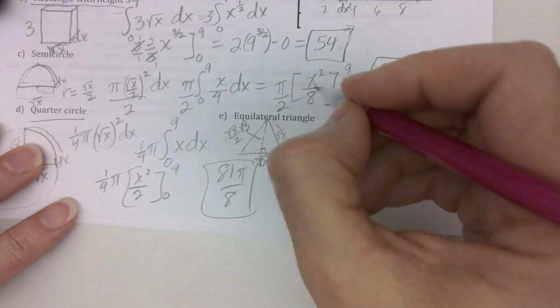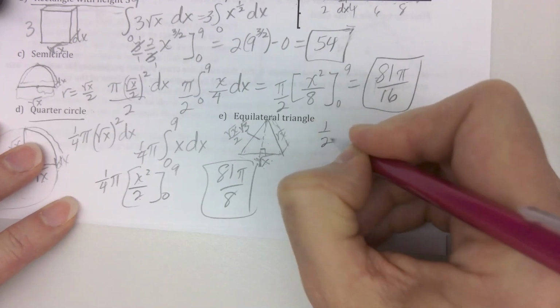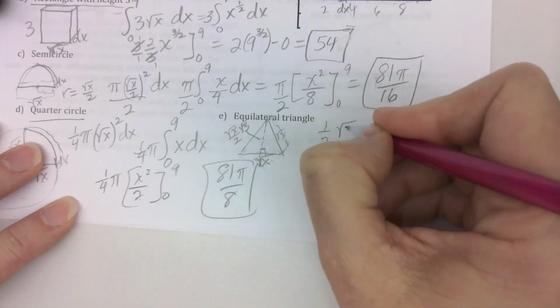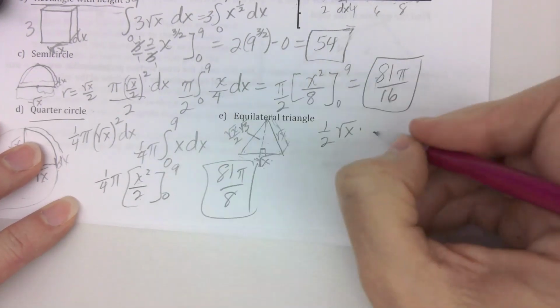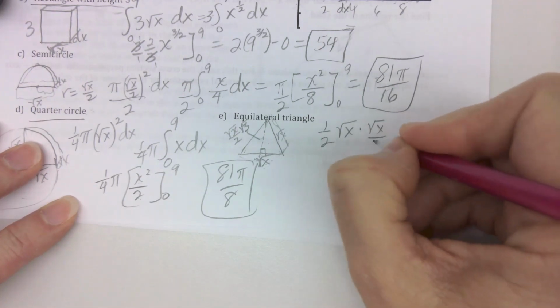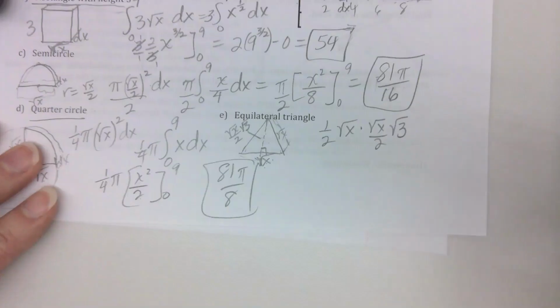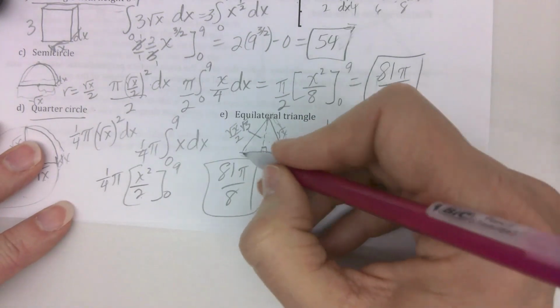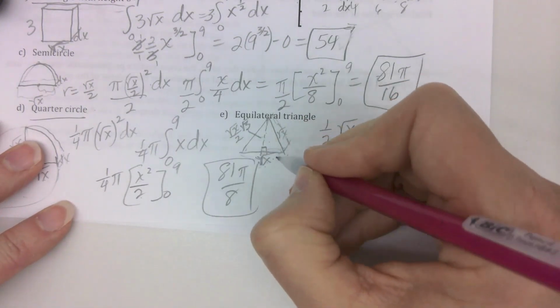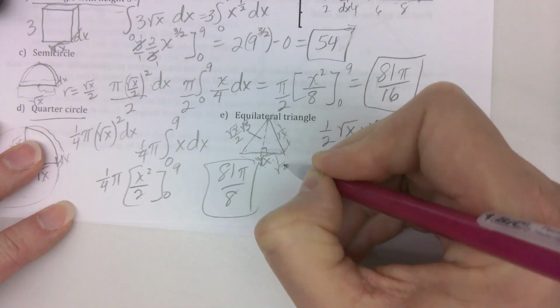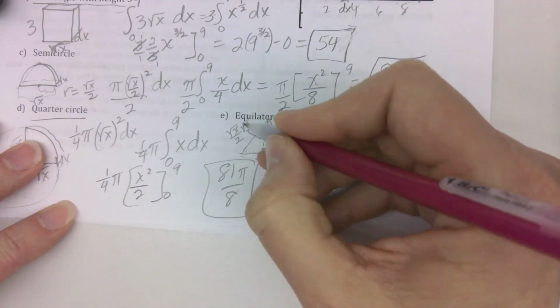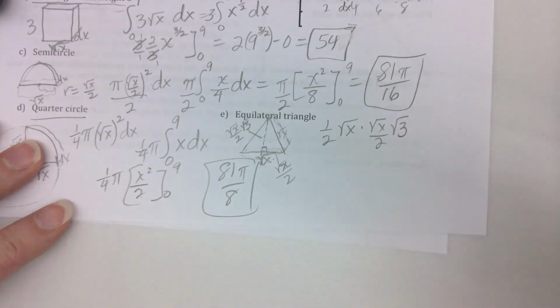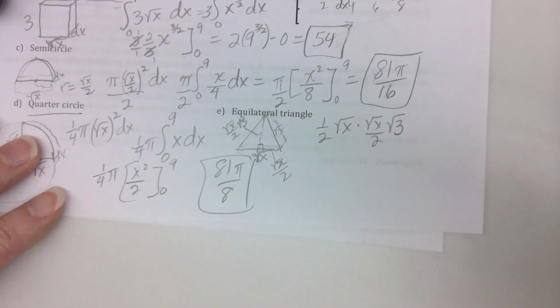The hypotenuse is just root x, so it's equilateral. The short leg would have to be root x over 2, right? Yes. The long leg, or the altitude, would be root x over 2 times root 3.